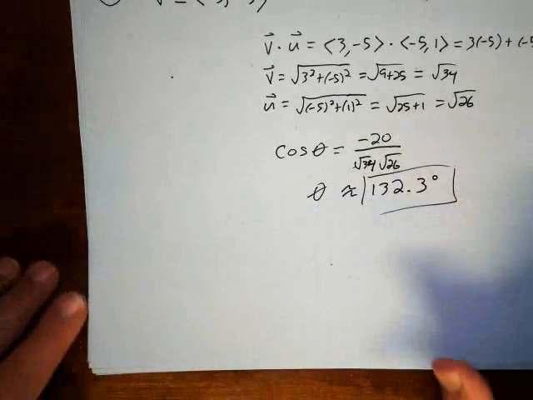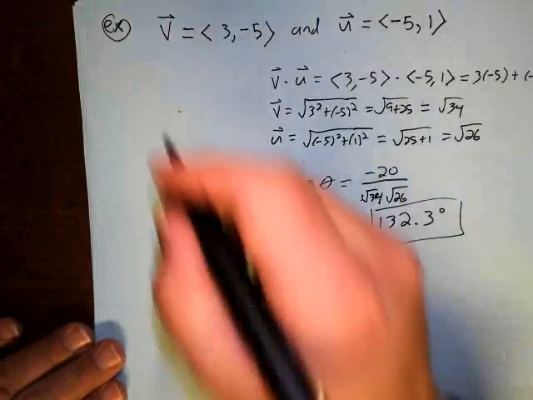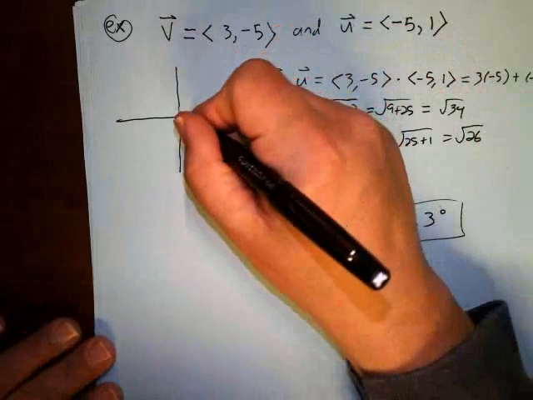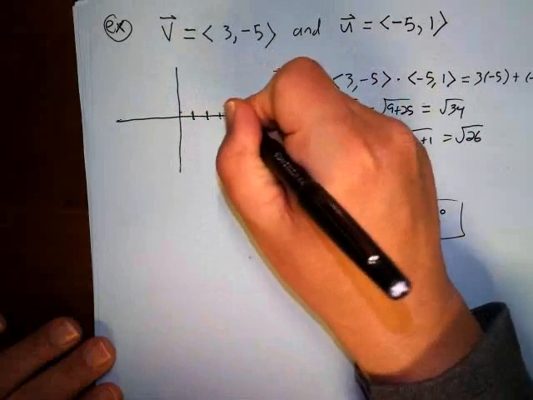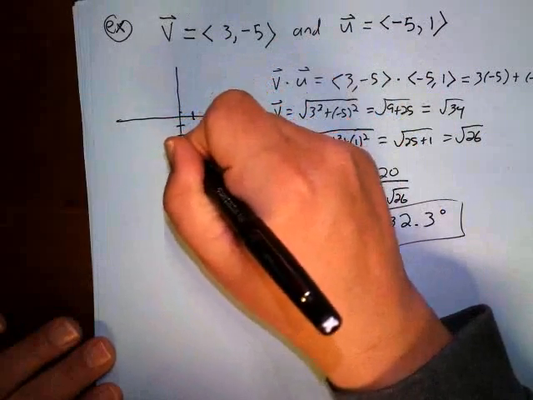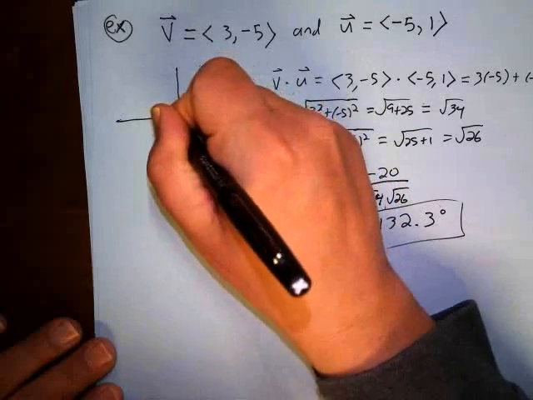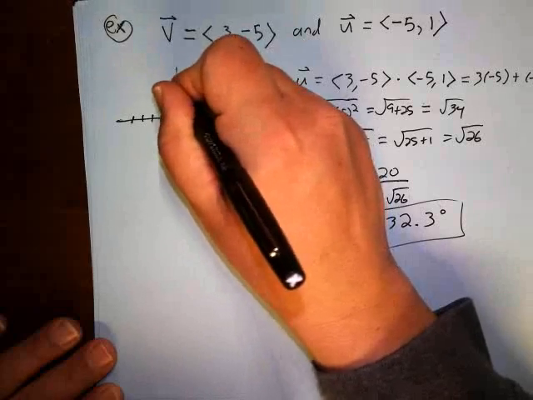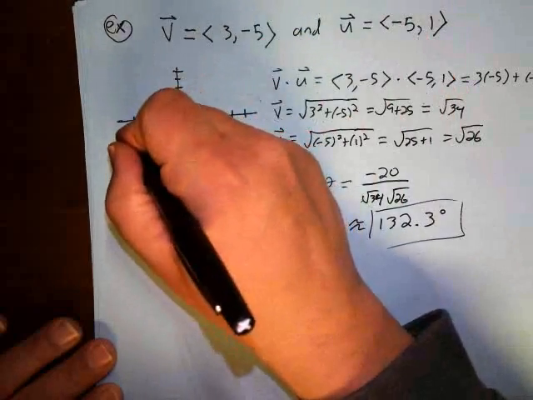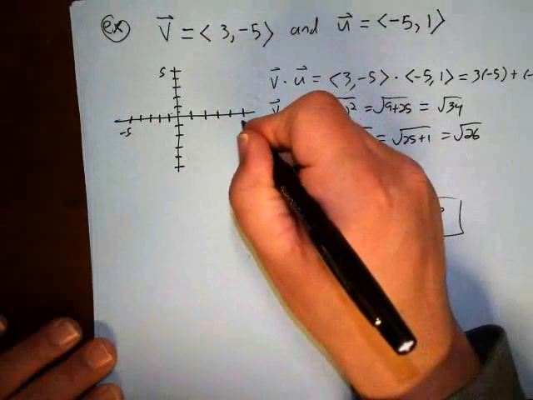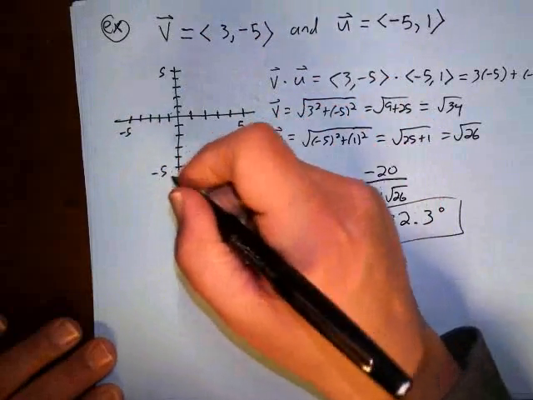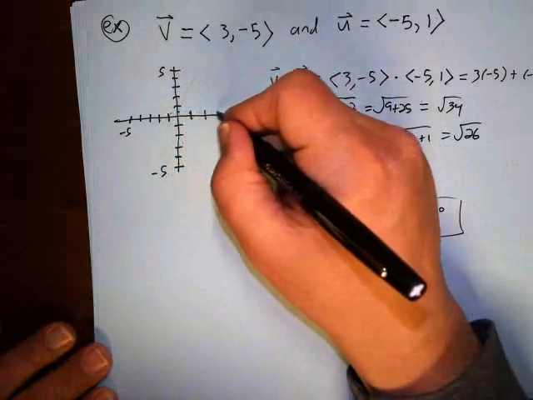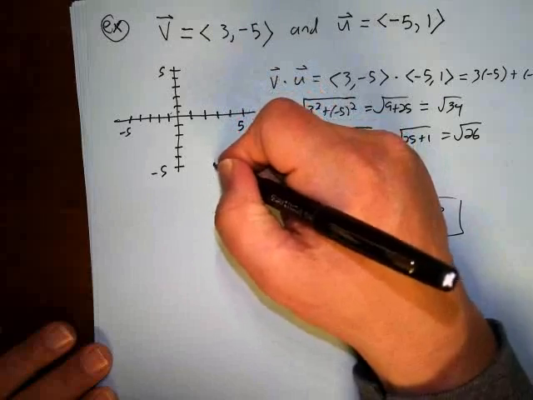Okay, so let's go ahead and graph these and see if that is reasonable. So I'll do 1, 2, 3, 4, 5 on each axis. So 3, negative 5 would be here.